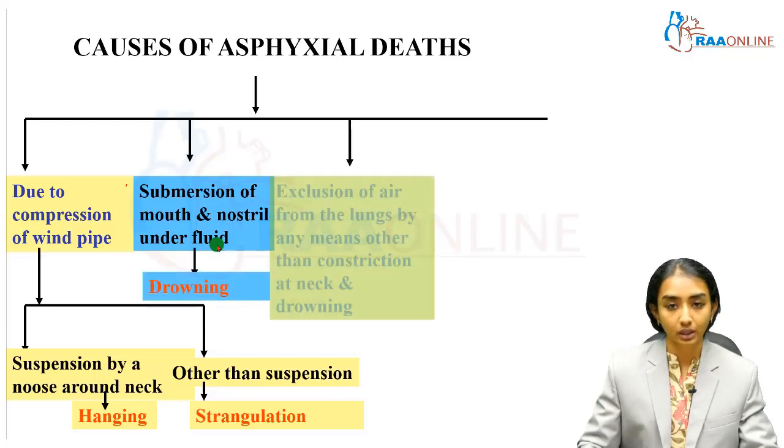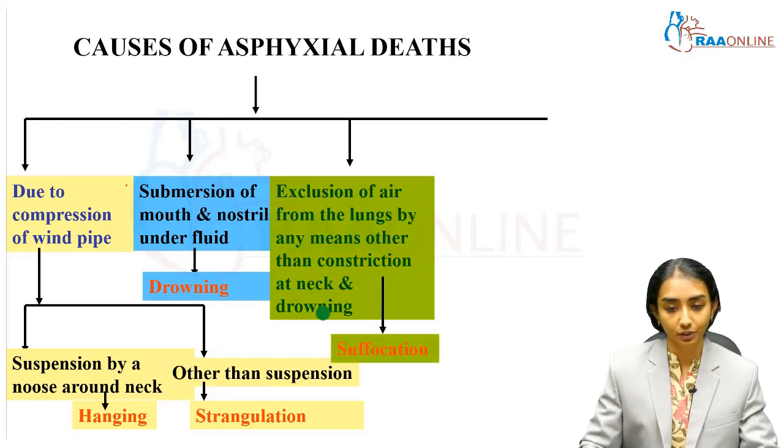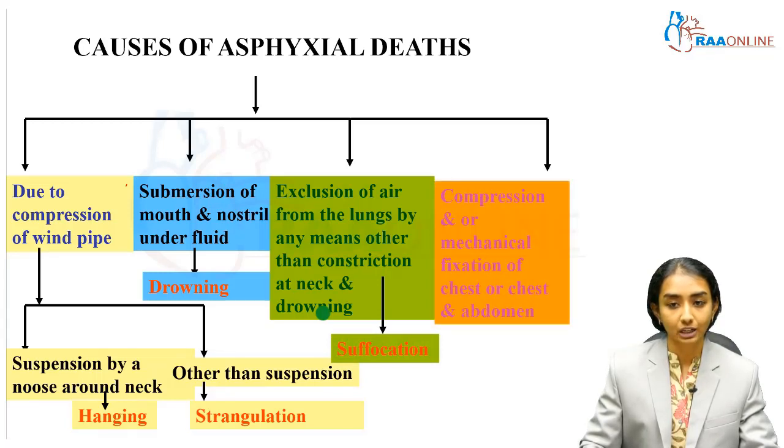Third type is when there is exclusion of the air from the lungs by any other means other than constriction at neck or drowning, which means there is some form of obstruction whereby the lungs are not able to expand on their own. This type of asphyxial death is called as suffocation. The last type is when there is compression or mechanical fixation of the chest or abdomen. This is called as the traumatic asphyxia.